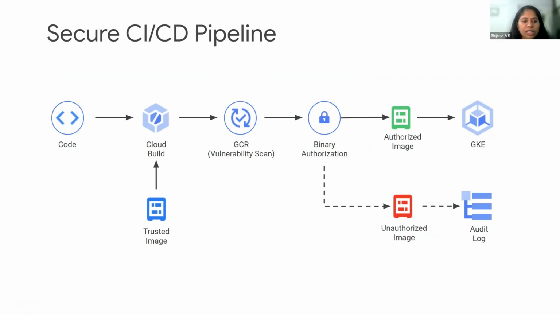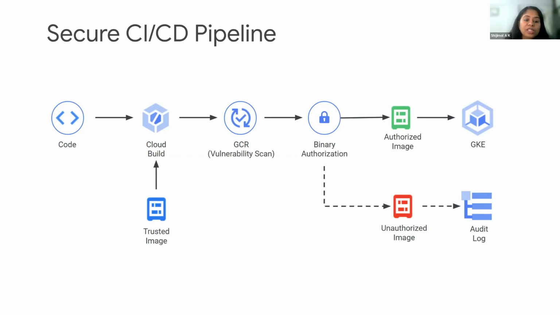So how does it happen? For example, if you're deploying a container, you make sure that you use a trusted image for the deployment process. That means you use a secure base container image. Now it can be scanned in the container registry. When you deploy application containers, you save them in the container registry, so you can check the image for any kind of vulnerabilities.